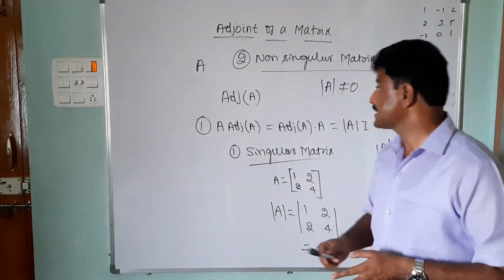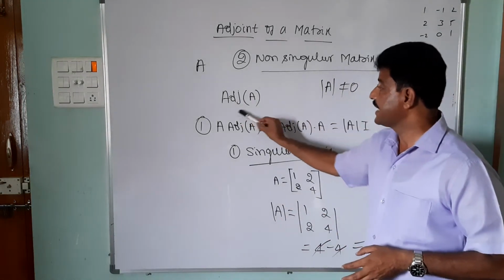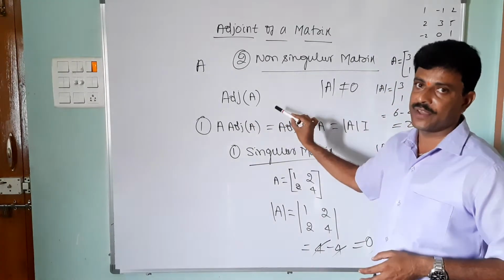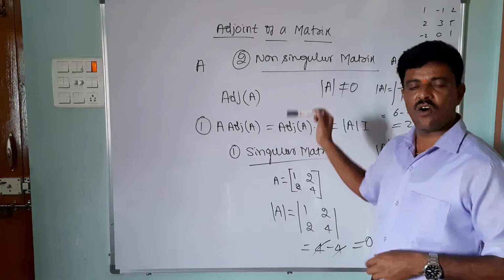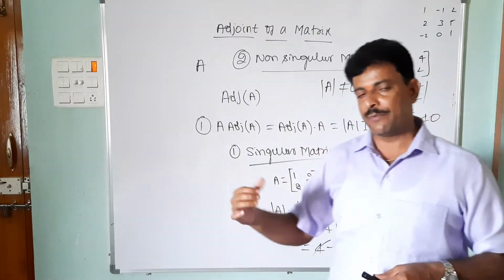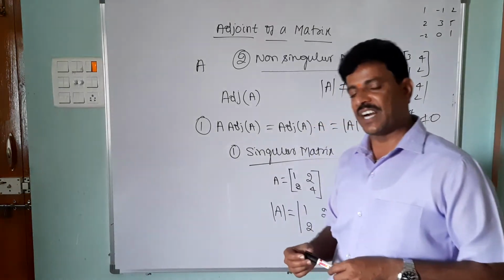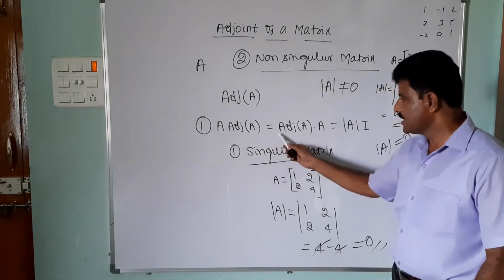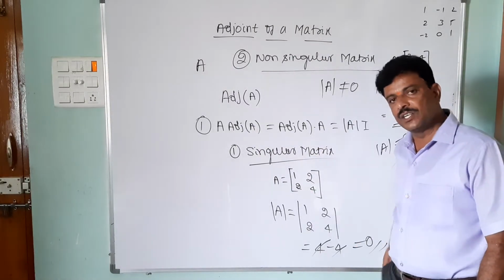It is denoted like this, ADJ of A, read as adjoint of A. Then the very important property of the adjoint of a matrix is A into adjoint of A is equal to adjoint of A into A.